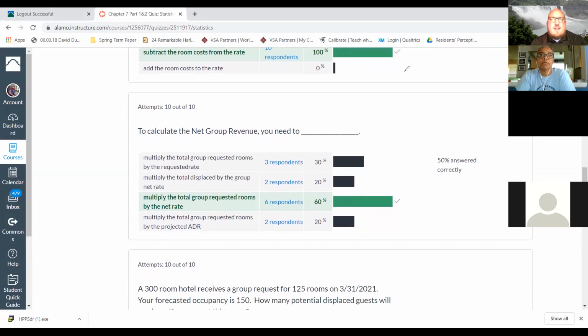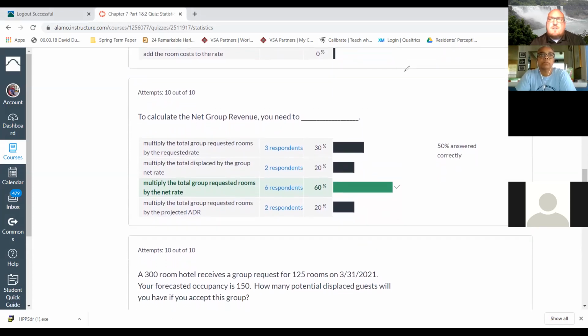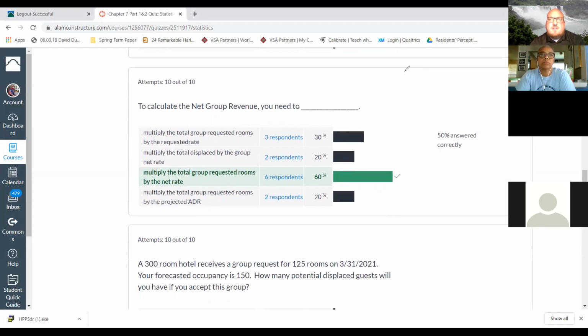This one, I think I might go ahead and throw out this question just because the responses are all over the place. Maybe it's how I wrote the question. That might be a little bit confusing. But essentially, the key word we're looking at in this question is group revenue, okay?